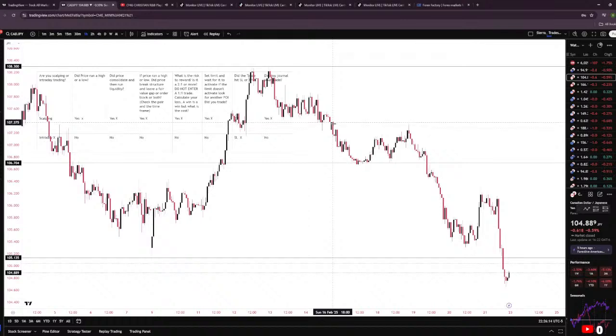If somebody got in this on the 16th and held it for 4 days, they would have caught 224 pips, but because it did not qualify for my trading style, I did not catch this trade.